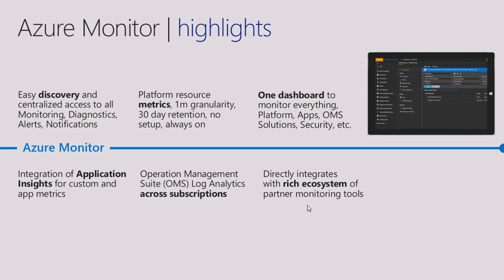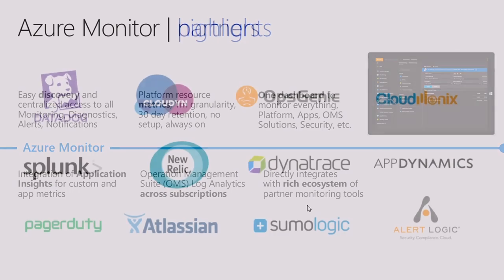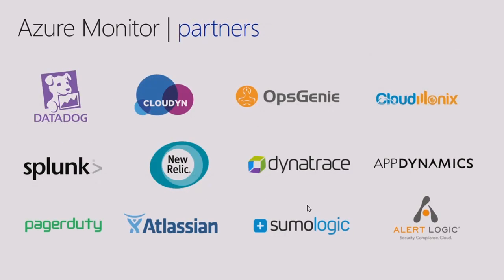So if you're already using incident managing software, APM monitoring solutions, ChatOps, we have a bunch of them that you can directly integrate with. So here are some of our partners in the space that we integrate with. And let's hear from a customer who's actually used one of these. I think it's Datadog, and how they're using Datadog in conjunction with Azure.